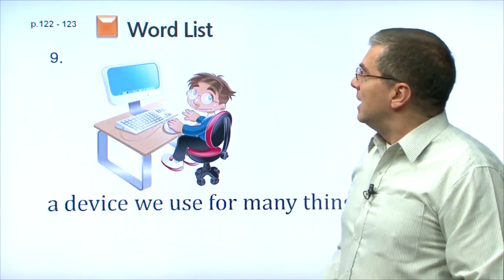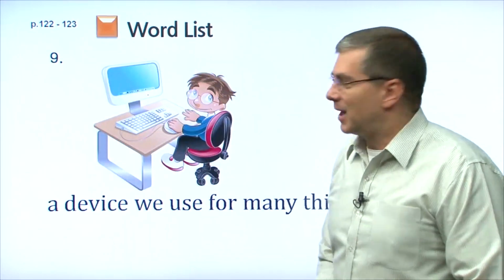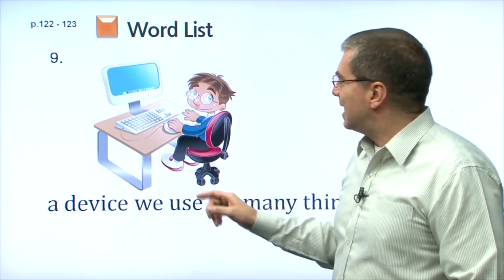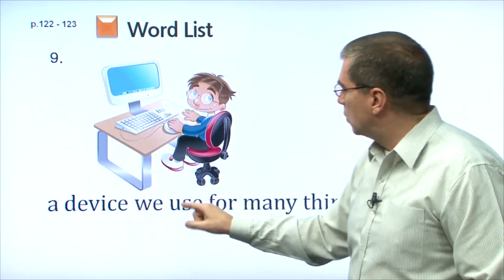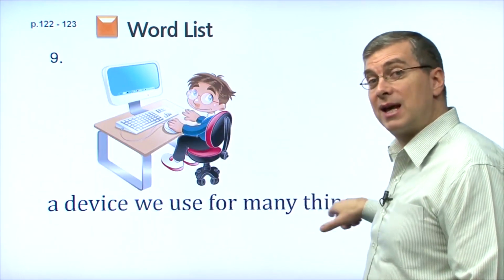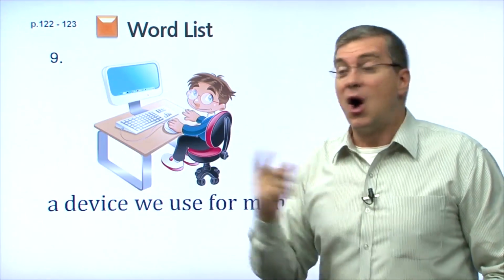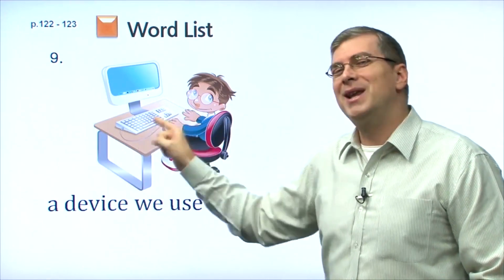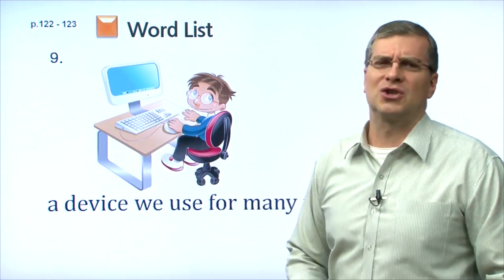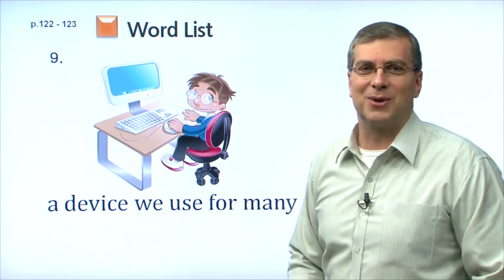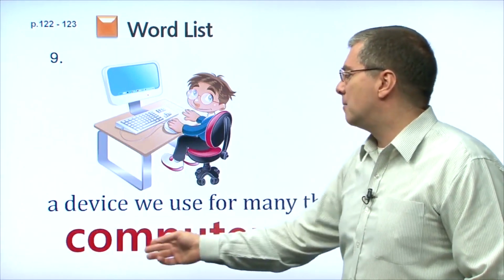Let's move on here. What's this boy doing, right? He's very happy. He is using a device we use for many things. Maybe right now you're watching me on this device. What is this device? Of course you know this. This is very easy, right? It is a computer.